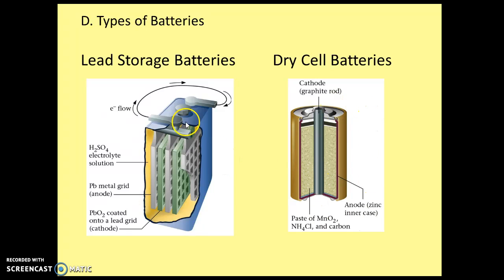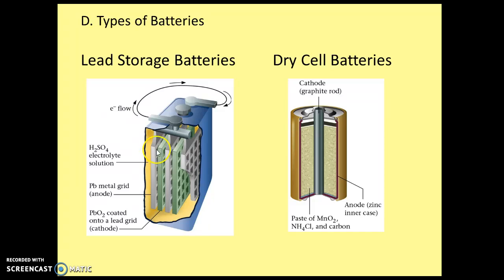We do have rechargeable batteries, like a car battery, which allows it to reverse. If you add electrical current, you can reverse the reaction. But here it's a little bit different. We have an overall electrolyte solution of sulfuric acid, so we have a really dangerous acid. That's why you don't want to get this stuff on your hands. We have an acid inside the battery that allows those charges to move.